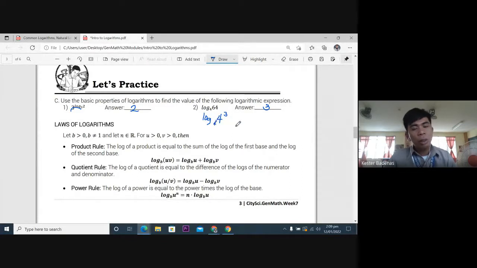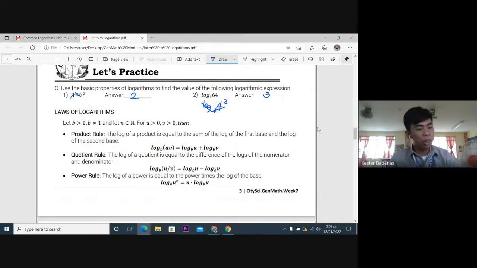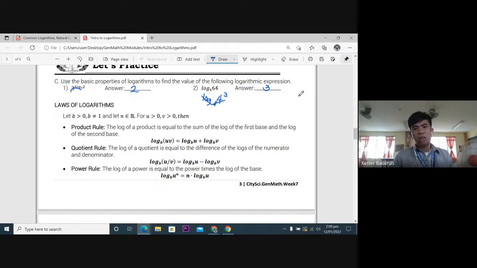So, we have logarithm of 4 cubed with the base 4, canceled. So, cancel lang pala. So, cancel, the answer is 3. Ayan. So, that is why the answer is 3. Pero tama yung 3. Diba? Kailangan nyo na-reason out yung answers ninyo.